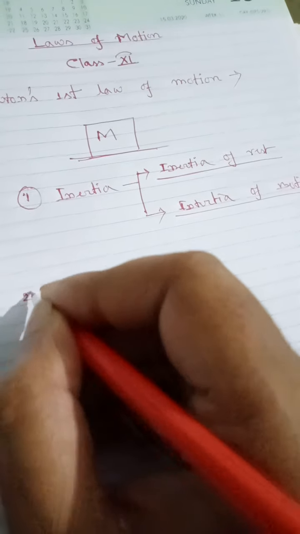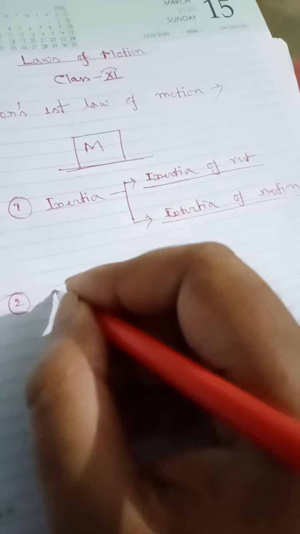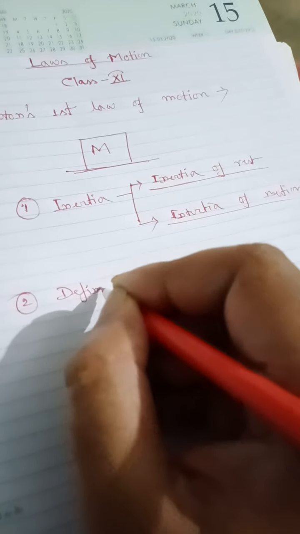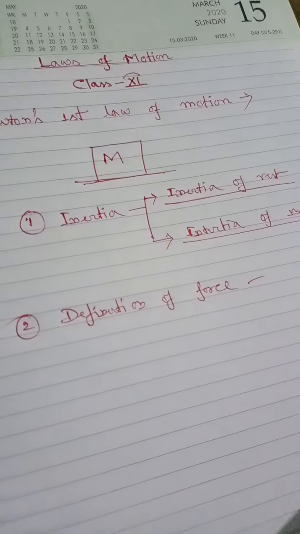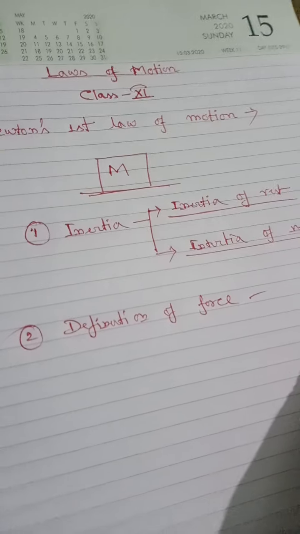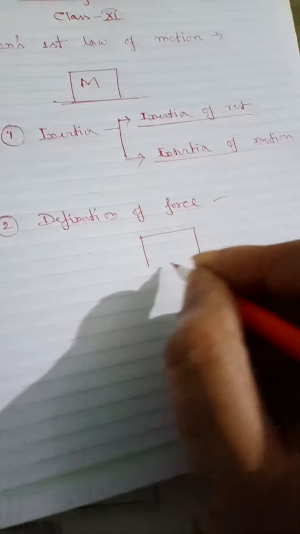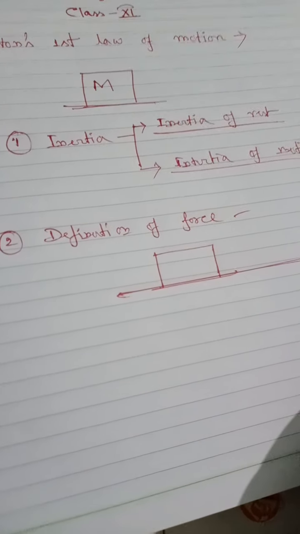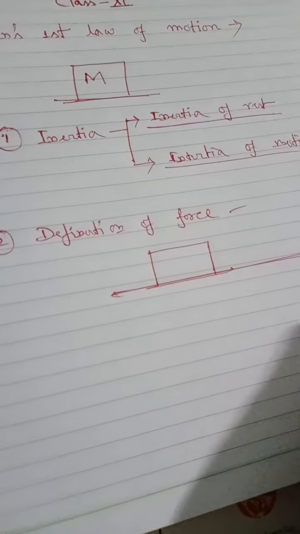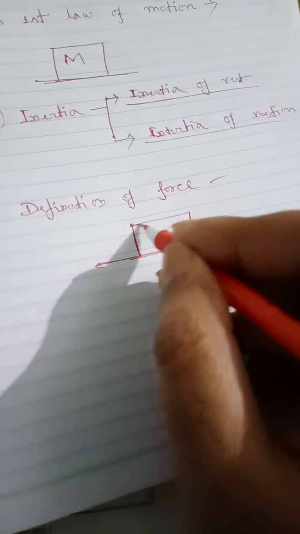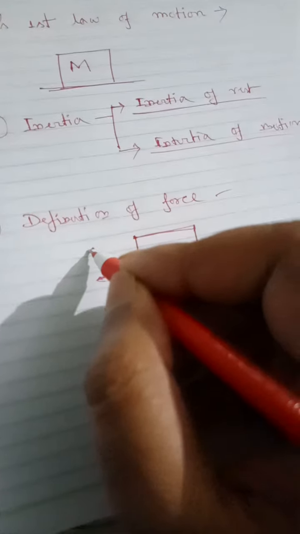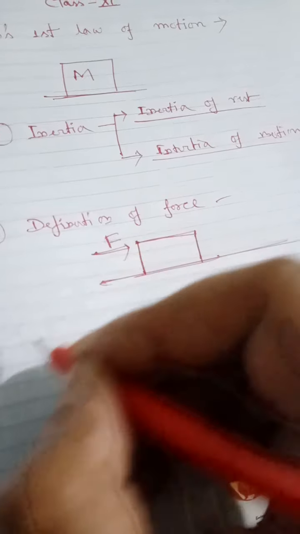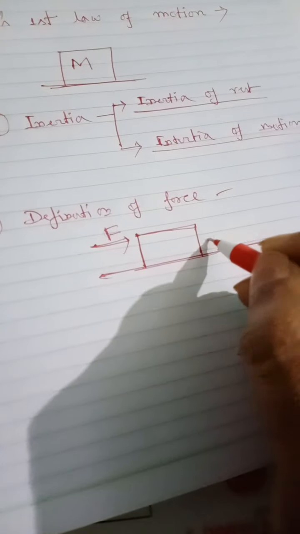Now the second thing is the definition of force. What is the definition of force? This is an object, and this object is at rest. So I can say this object is now in inertia of rest, and you apply a force F on it, then the body starts to move.